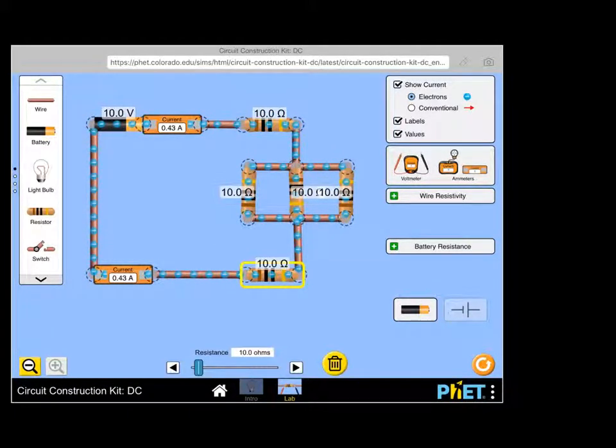Not all at once. So this was our R1, R2, R3, R4, R5.